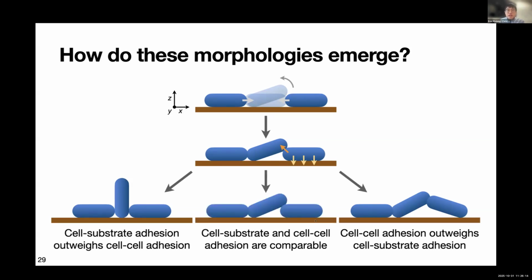And anywhere in between, we might have this more intermediate tilted configuration, where the cell on the right wants to stay attached to the substrate, but also wants to stay attached to the cell in the middle. So we can see, even from this very simple schematic, how the verticalization, tilting, and delamination arise from this competition between cell-cell and cell-substrate adhesion.